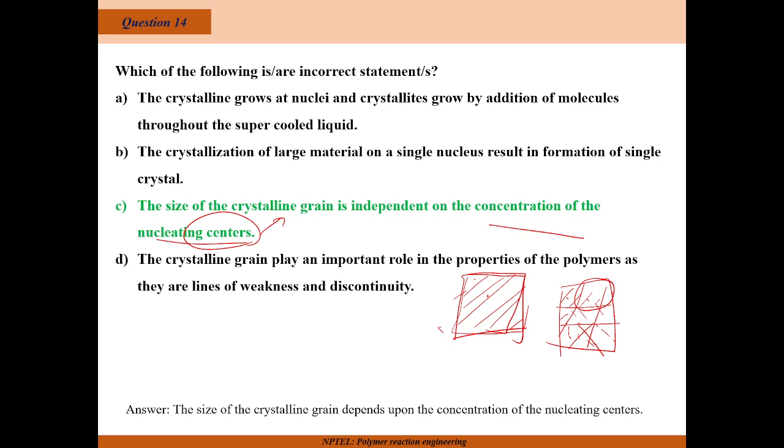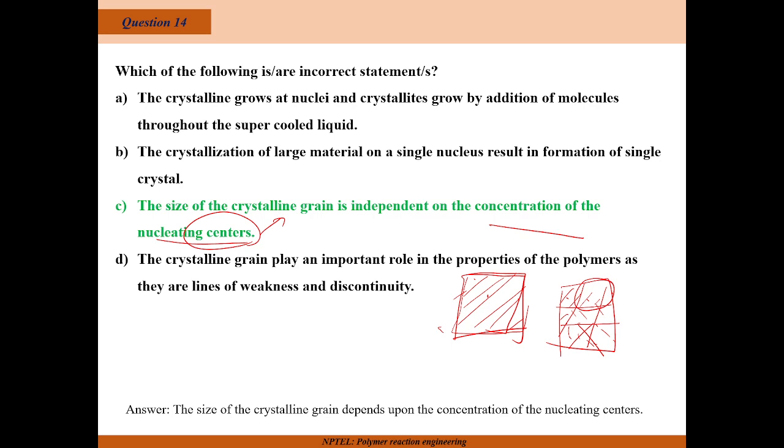The fourth option is crystalline grains play an important role in the properties of polymers as they are the lines of weakness and discontinuity. Definitely, if it is one big crystal, then the mechanical properties would be much better. Whereas if you have a polymer with multiple crystalline grains, the whole polymer can be considered as different crystallines with different grains.